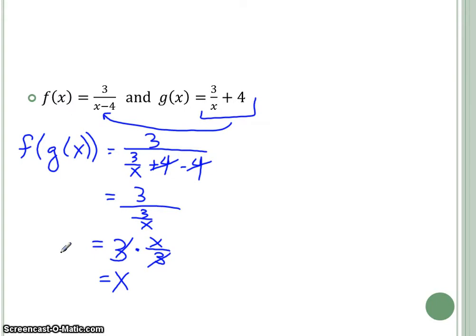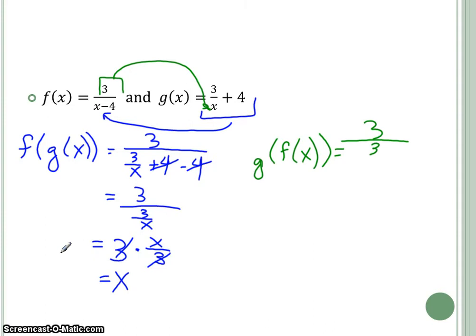Alright, so now we're going to take our larger fraction here and substitute it into the denominator of our smaller one. So we'll look at g of f of x. We would have 3 over x minus 4, then plus 4 after that.